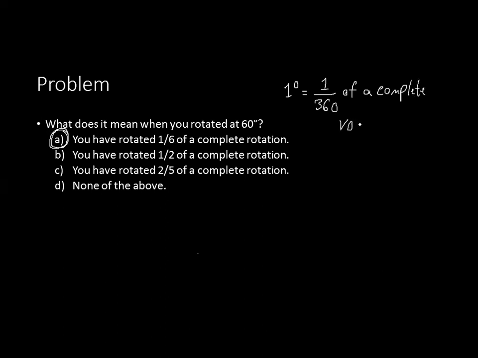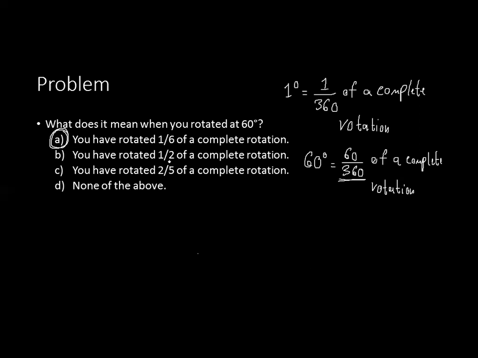So if I have 60 degrees, that means I will have 60 degrees all over 360, or 60 over 360 of a complete rotation. So yeah, this is the answer.